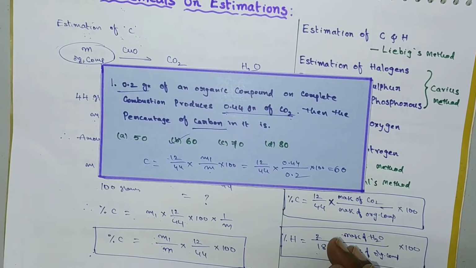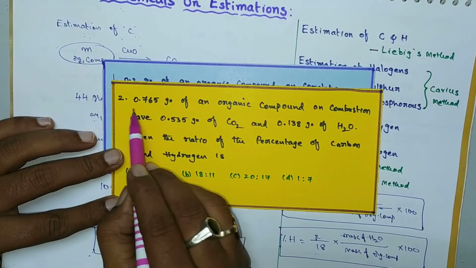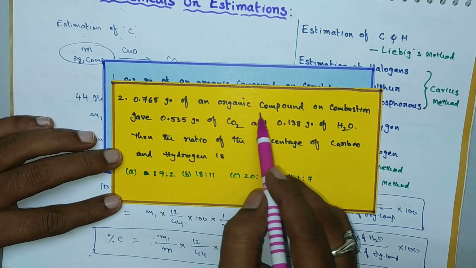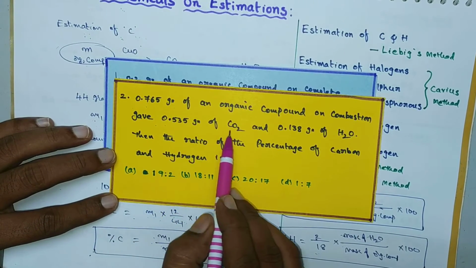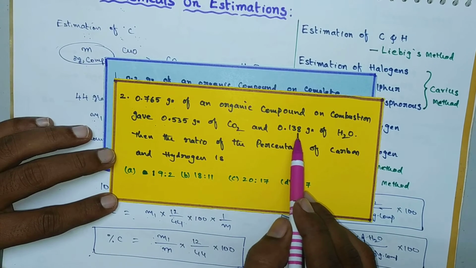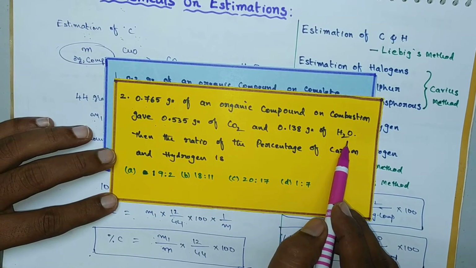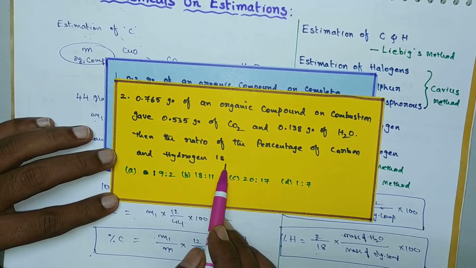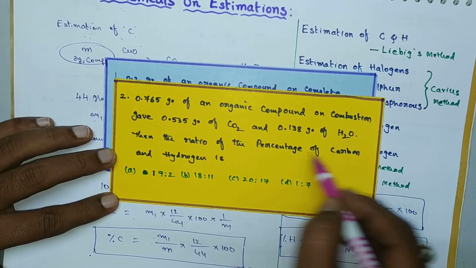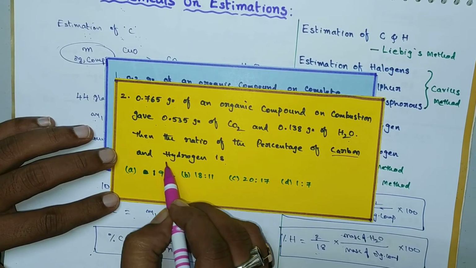Okay, second problem. 0.765 grams of an organic compound on combustion gave 0.535 grams of carbon dioxide and 0.138 grams of H2O. Then the ratio of percentages of carbon and hydrogen is? Here we are asked to estimate the percentages of both carbon and hydrogen.